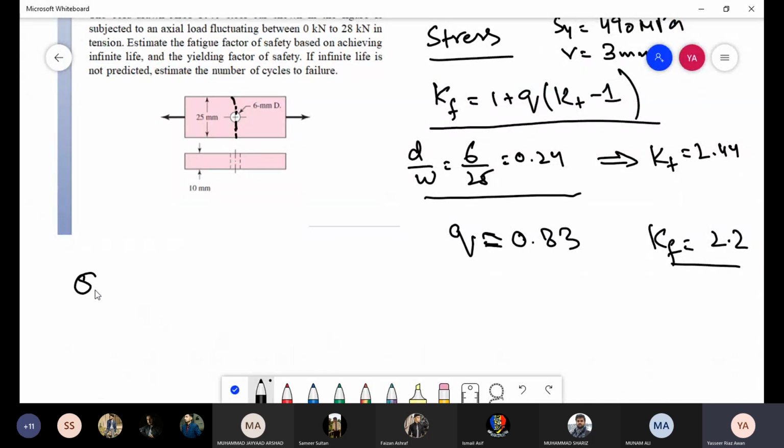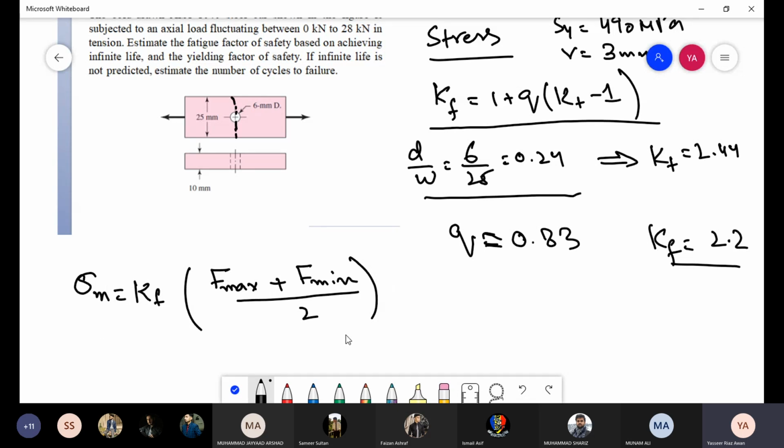Now, what is the mean stress? So Kf times F max plus F min divided by 2, divided by the area. Or we can do it individually: first we calculate sigma max, sigma min, and then sigma m, or you can do it directly like this. Kf is 2.2, whereas load is given like this.